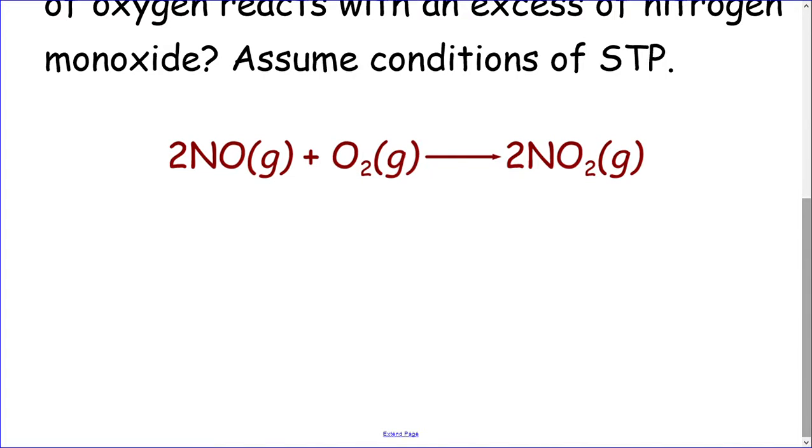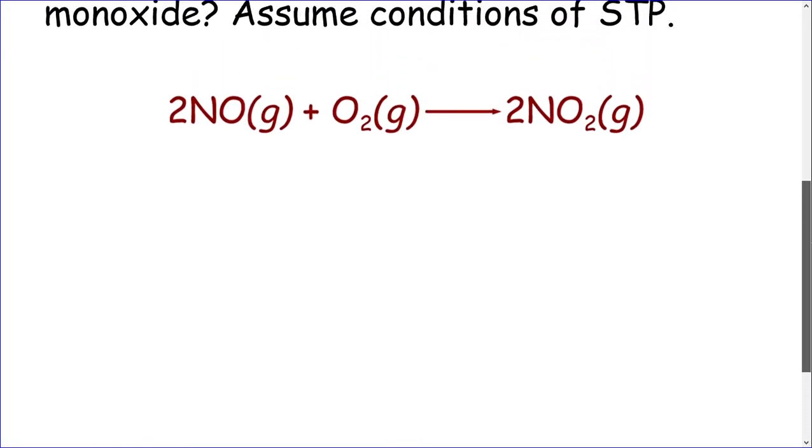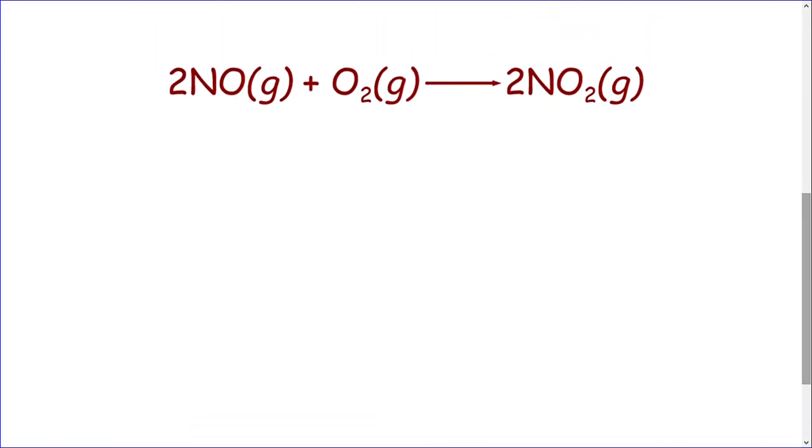So, with this one, we're going to start off. I'm going to keep that equation handy so I can reference it. We started off with 34 liters of O2. Right, I started off with a volume, 34 liters of O2. Now, I need to get out of liters and I need to get into moles.